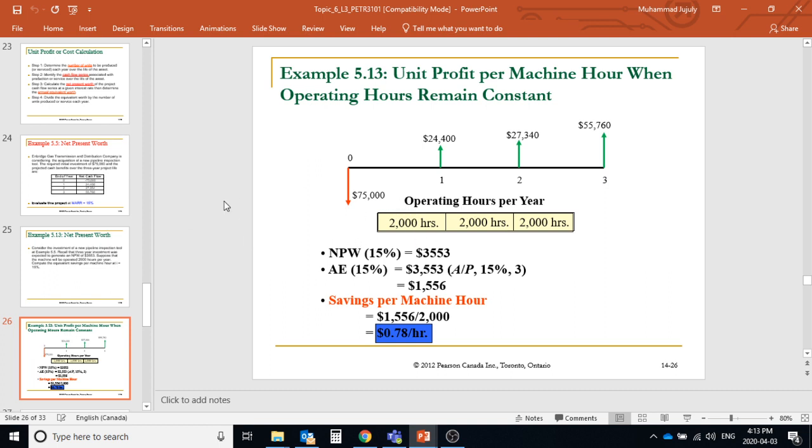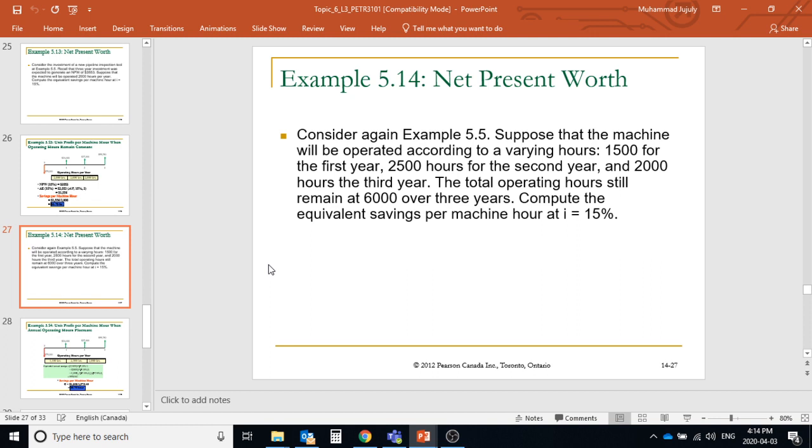The operating hour is 2,000 hours each year. We calculate the PW, we calculate the AE, and we divide it by machine hour. Then we get the savings per machine hour. That's how we calculate it.